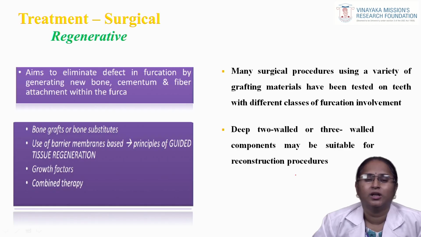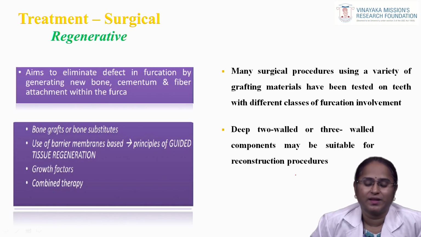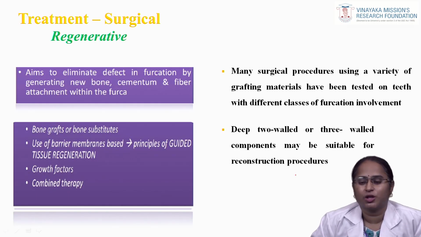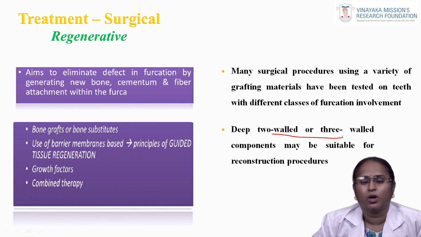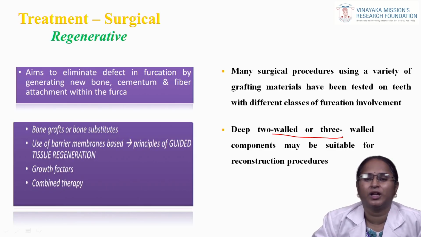The main aim of the regenerative procedure is to eliminate the defects in the furcation by regenerating new bone, cementum and gingival attachment within the furcation area. Many surgical procedures using a variety of graft materials have been tested, and regeneration has a better prognosis in deep 2-wall or 3-wall components. 2-wall means the number of walls remaining, that is, 2 walls will be present in the furcation site.